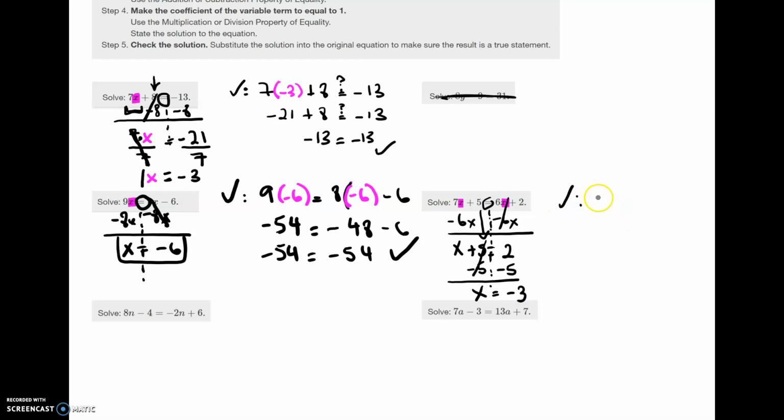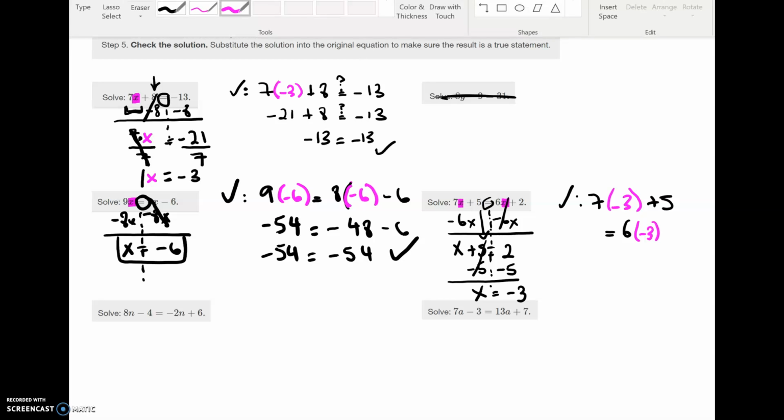Again, we can check our answer. We do 7 times negative 3 plus 5 is equal to, sorry, I ran out of space, 6 times negative 3. And then we add 2.